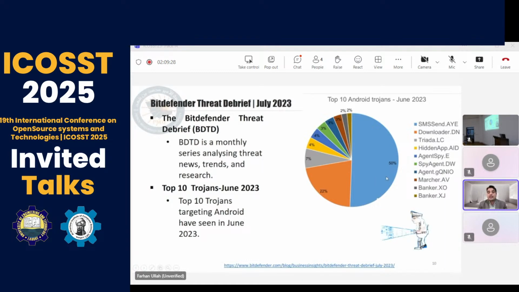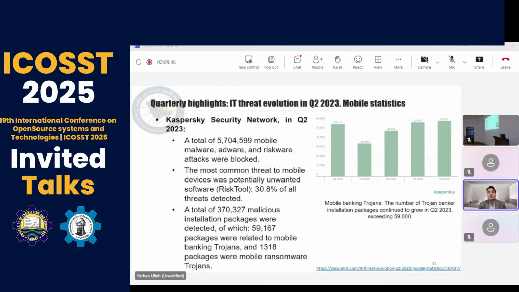These are the survey reports published by antivirus companies. It's for the knowledge of researchers, so researchers can design methods for these types of attacks, because these are the trending attacks from hackers now.